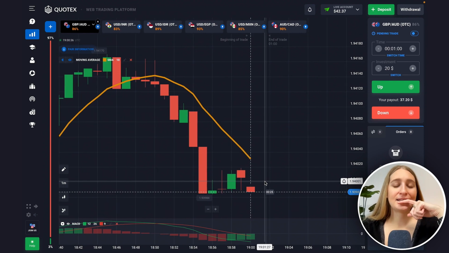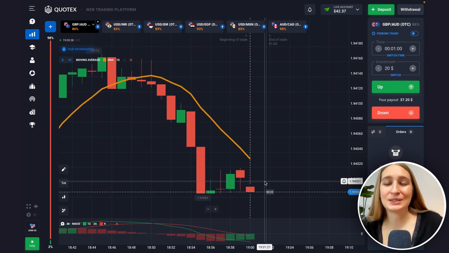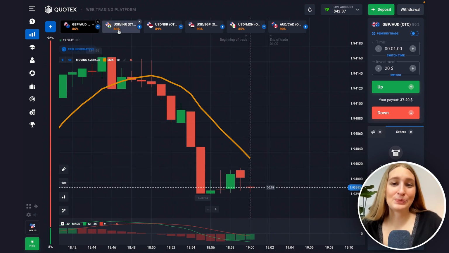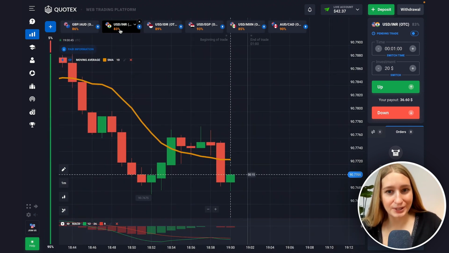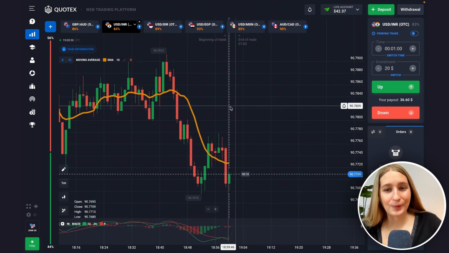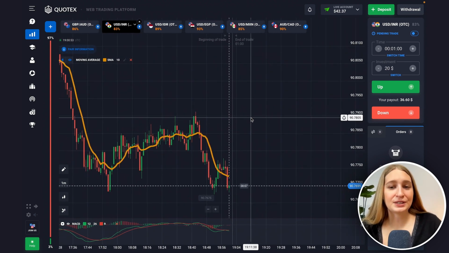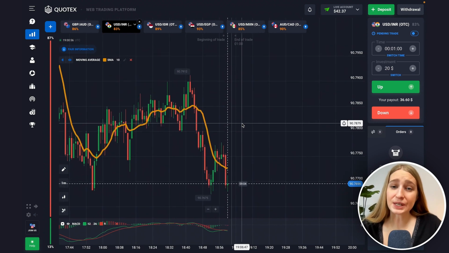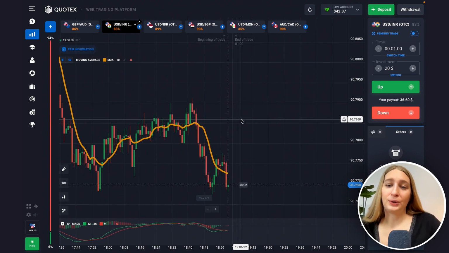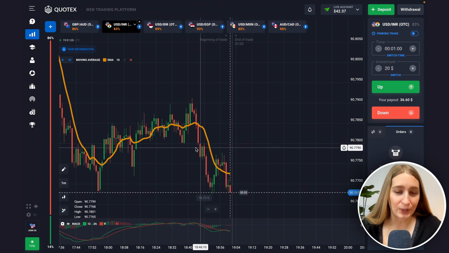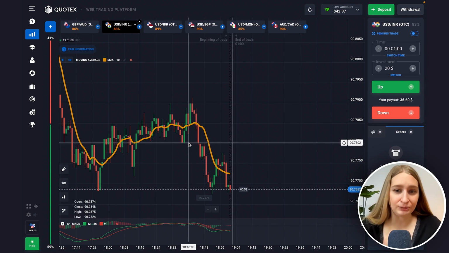So let's go to another currency pair, and let's zoom out, of course. I suppose you see a chart of a currency pair. The chart is directed upwards, as you can see. So, how can you understand which currency is getting more expensive and which currency is getting cheaper? Imagine a scale.